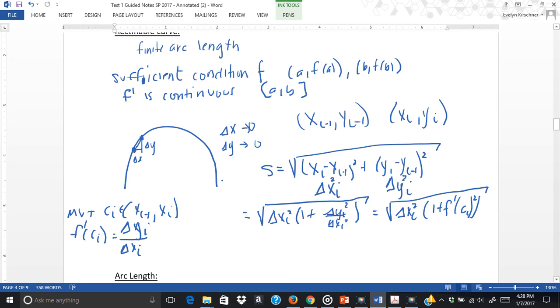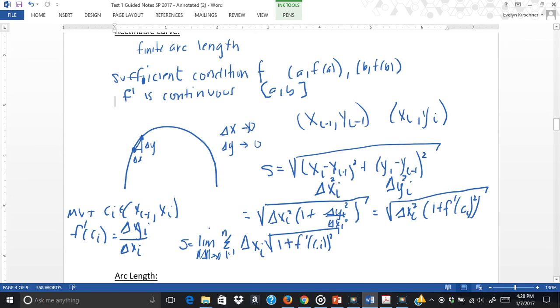Now I'm looking at a limit of a sum, so s is the limit as my deltas go to 0 of the sum of all these little pieces. The square root of delta x_i squared is delta x_i, times the square root of 1 plus the derivative at some point in that interval squared.